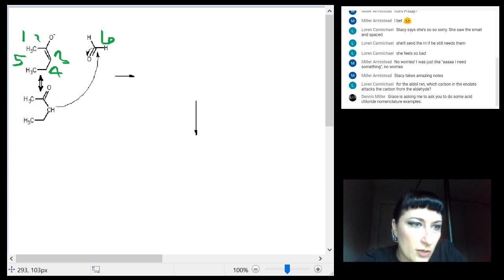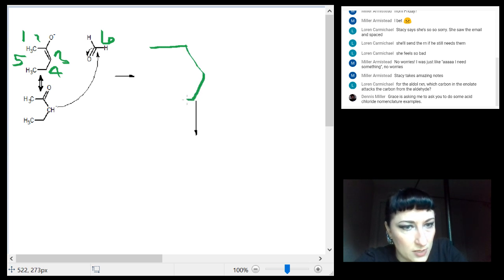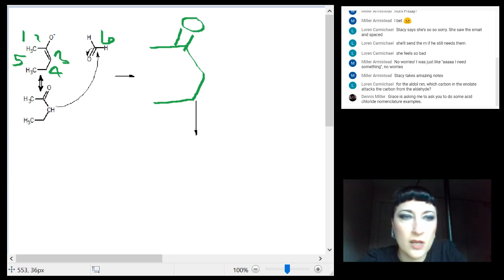Well, I know that carbon 1 didn't have anything happen to it, so I'm just going to put that bond there. My skeleton is going to be the same for the first molecule on the left. I didn't change anything there. I didn't cut off an oxygen or break off a carbon or anything. What I did do, though, is reform a bond between the oxygen and carbon.